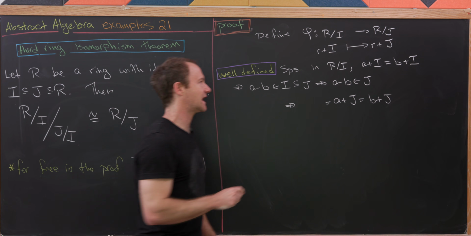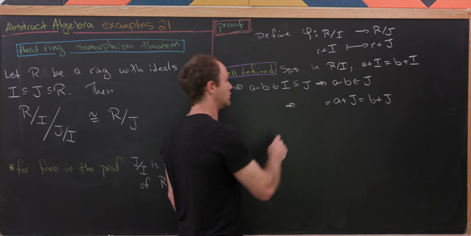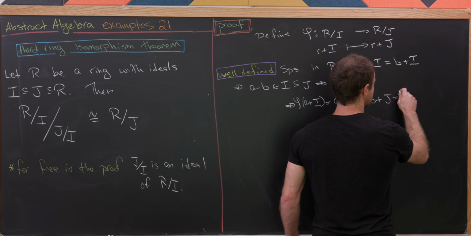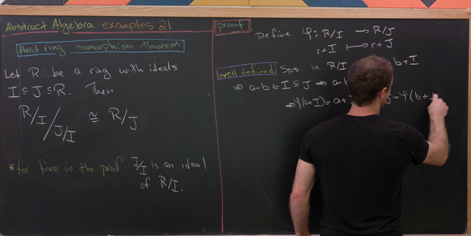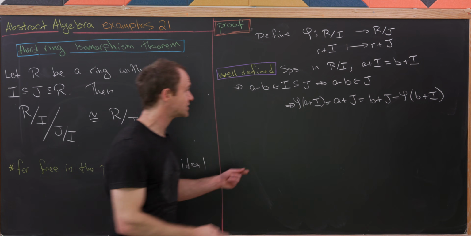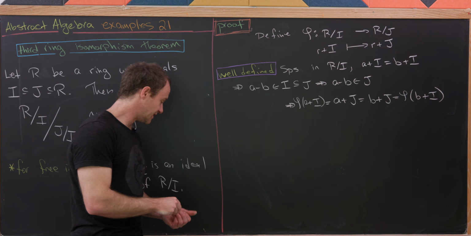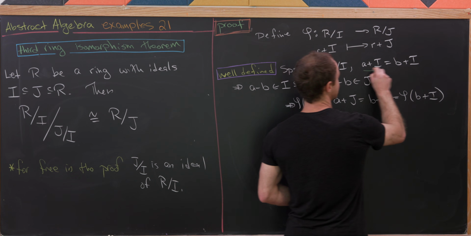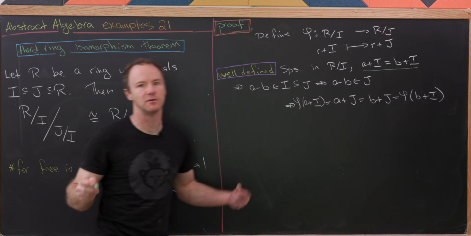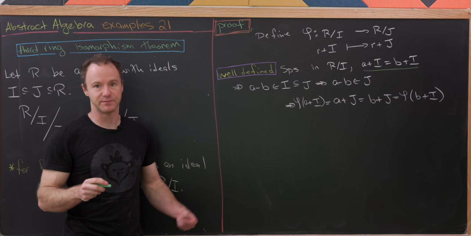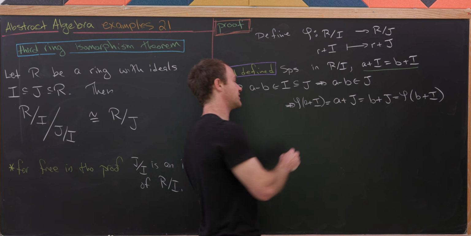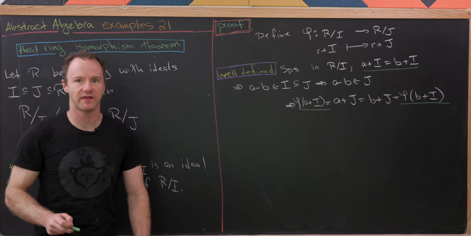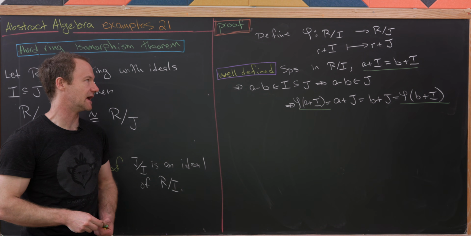But now putting that in terms of our map, we see that phi of A plus I is in the end equal to phi of B plus I. But that shows that it's well defined. We took a single member of the domain that had potentially different names, and we showed that the value of the function on that element didn't depend on the name.